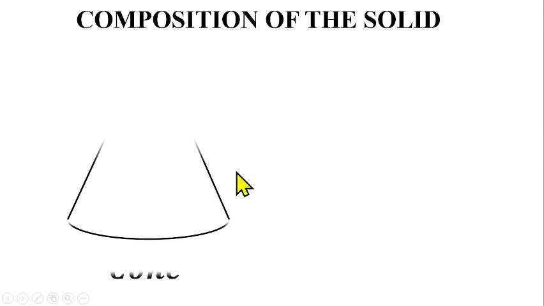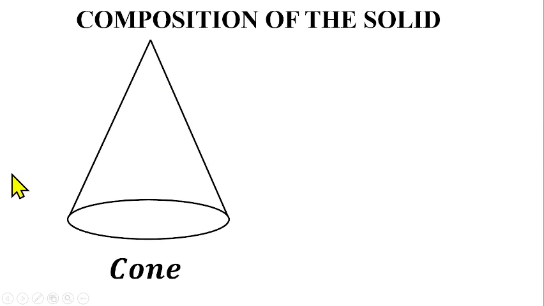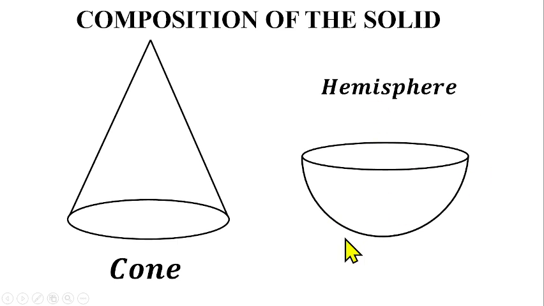What made up the structure that was given to us is a cone, and the cone is mounted upon a hemispherical bowl. So this is a cone, and when you place this cone on top of this hemisphere, that shape will be formed.